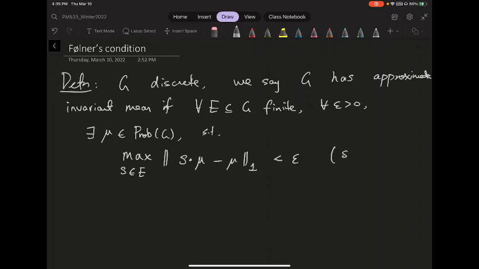Here s dot mu evaluated at x is essentially just mu of s inverse x. It's a short form for the left translation.